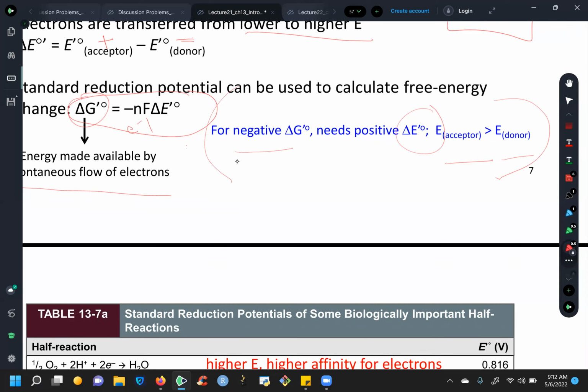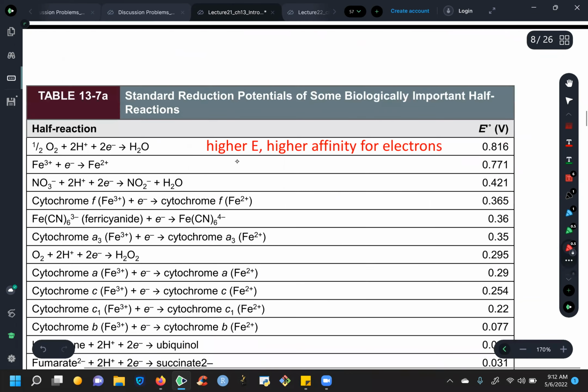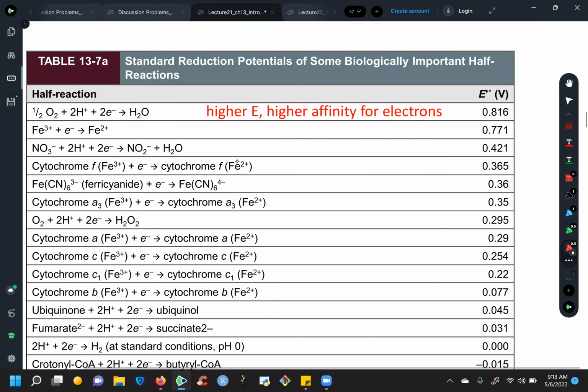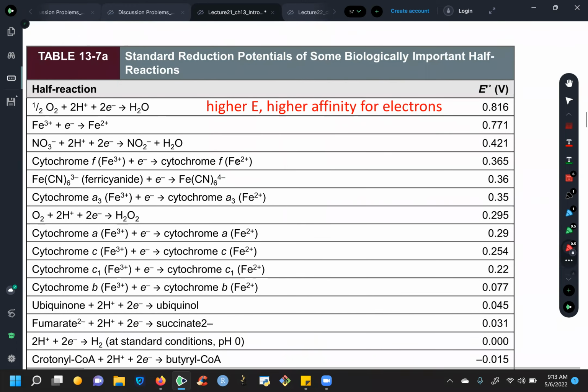So the standard reduction potential of the acceptor has to be greater than that of the donor in order for the delta G to be negative. And then here are the standard reduction potentials of some biologically important half reactions.